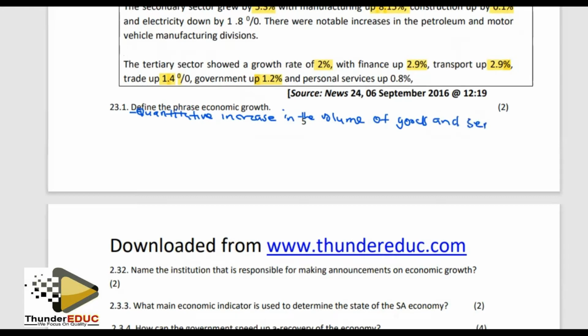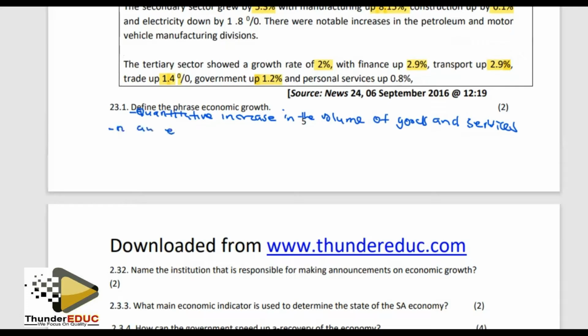There are so many other definitions which may be confusing, but take this one, very short and clear: quantitative increase in the volume of goods and services in an economy.